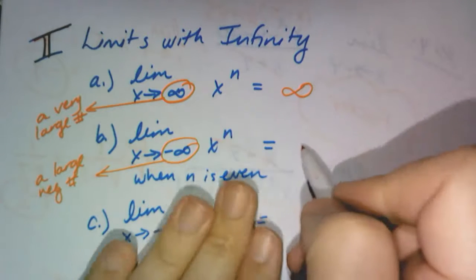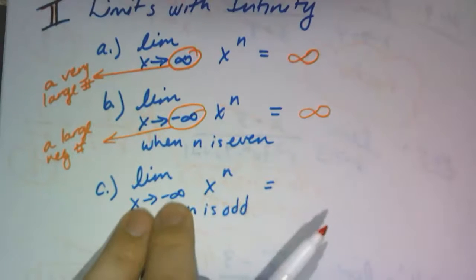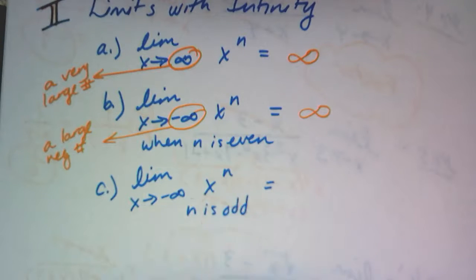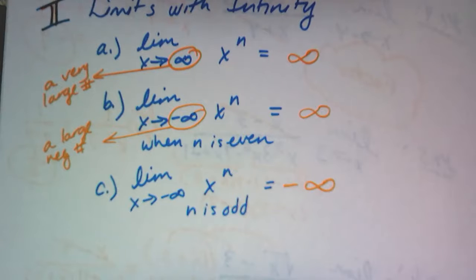So my answer would be infinity. Are you with me? Okay. What if this is a large negative number, and this was odd? Negative. Why? Because it's negative times a negative times a negative. Isn't that still negative? It'd just be negatively larger.